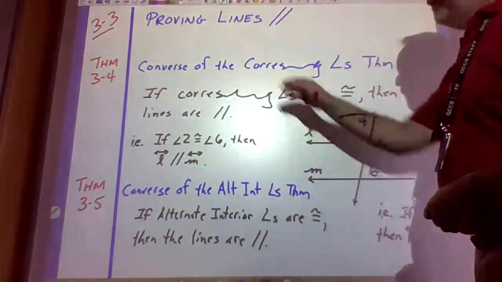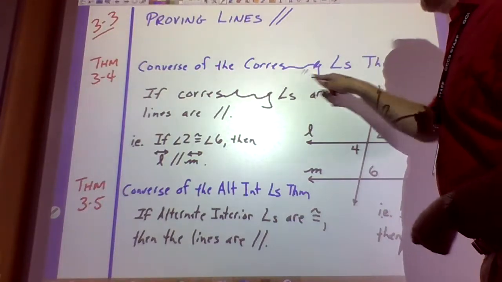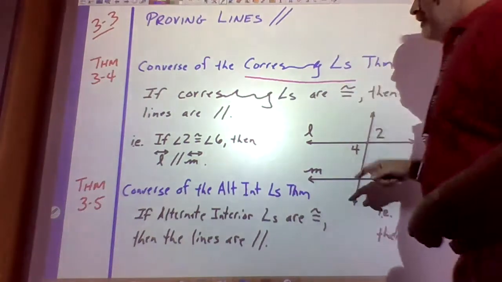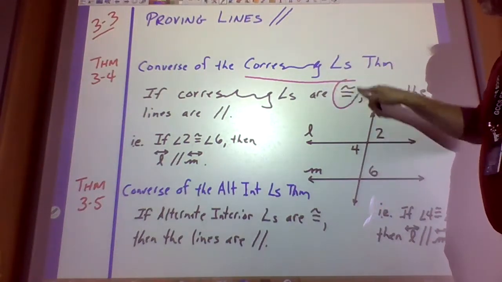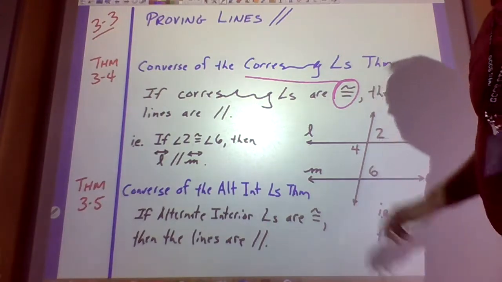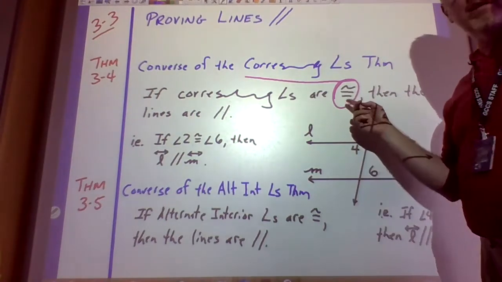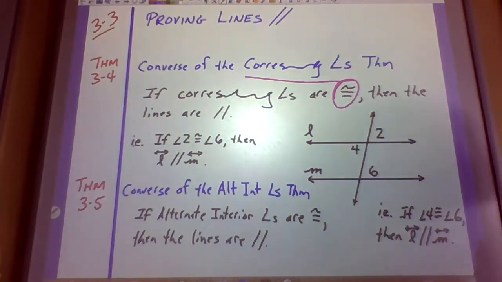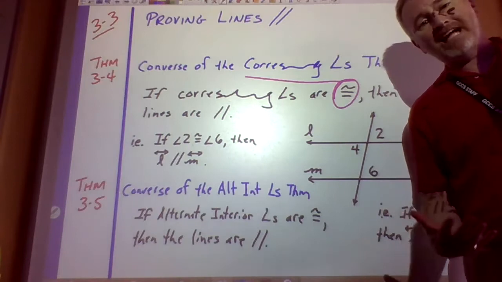So here we go. First up, we got the converse of corresponding angles. And as I just showed you, corresponding angles, that's one of those equal or congruent relationships. So if you've got corresponding angles that are congruent, then the lines are parallel. Boom. And just to remind you about corresponding, it's a fancy word that means matches up with.